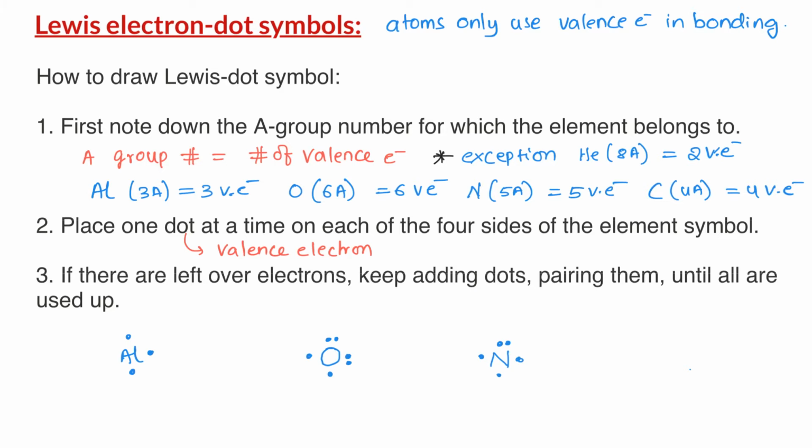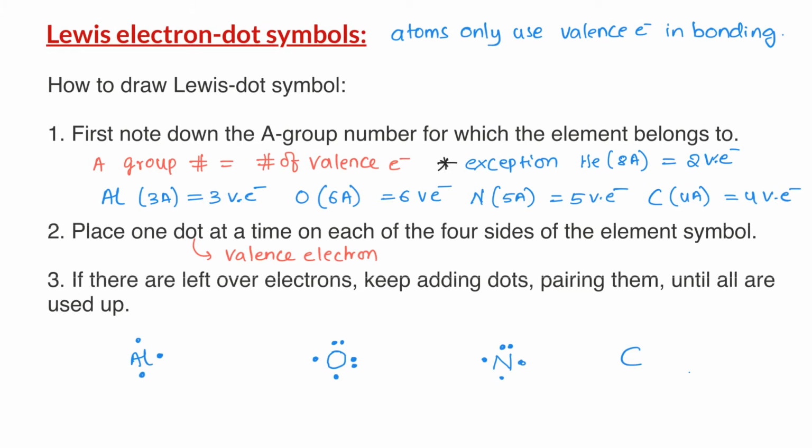Next, we will do carbon. Carbon belongs to group 4A. That means it has 4 valence electrons. So we place one dot on each of the 4 sides. So at the end, carbon has 4 single electrons. Overall, if we know the group number, we should be able to write the Lewis dot symbol and vice versa.